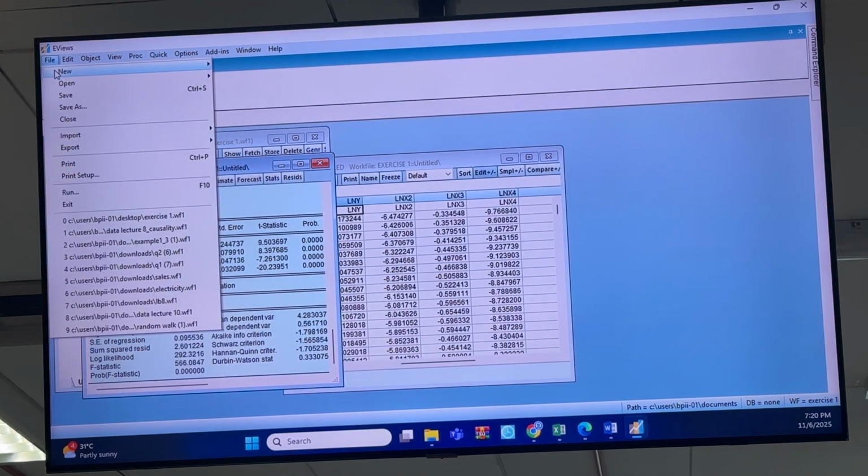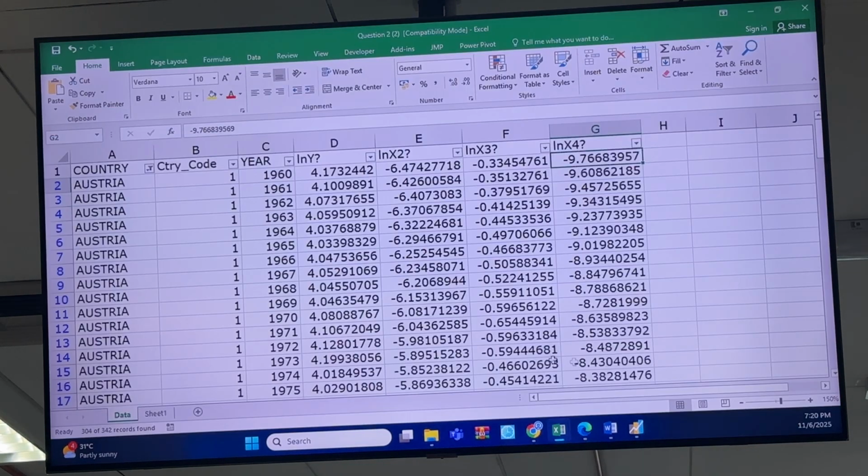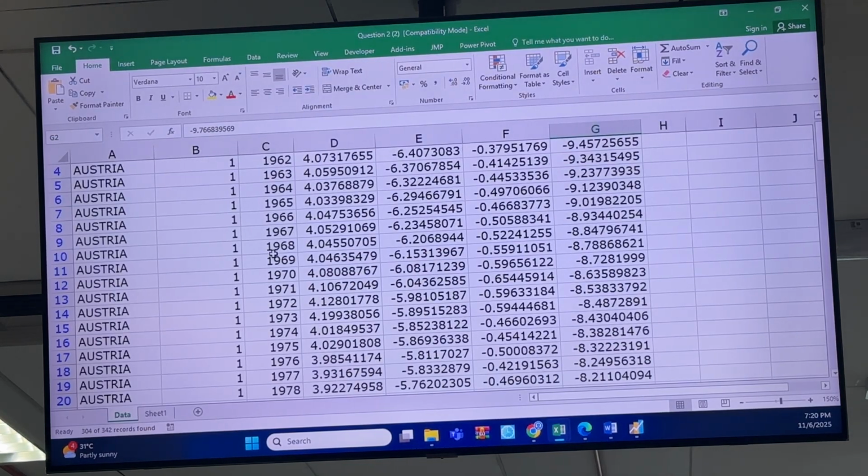I go to file, new, workfile. 1978. No, right? 1968 to 1978.